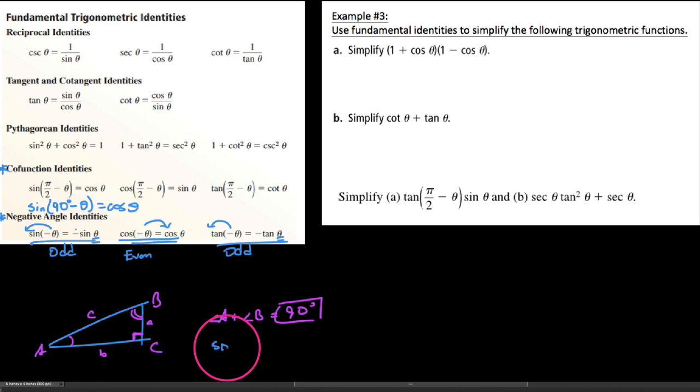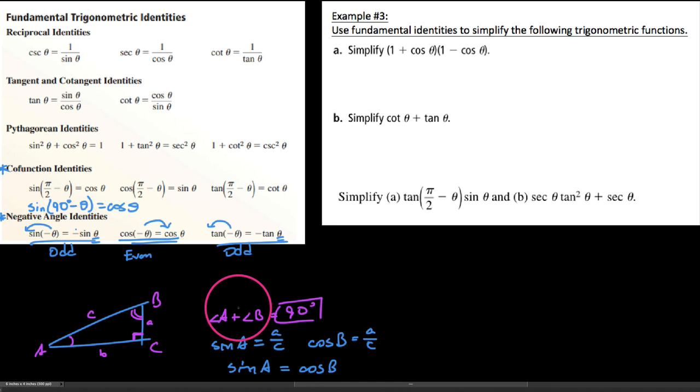If we were to do, say, the sine of angle A, SOHCAHTOA, that'd be opposite over hypotenuse, we get A over C. And if we were to go up now to B, and not do the sine of B but the cosine of B, and cosine, of course, is adjacent over hypotenuse, so in this case we get A over C, excuse me. What you understand pretty quickly here is that whenever you do the sine of one of the acute angles, and then you walk over and do the cosine of the other acute angle, you always get the same thing anyways.